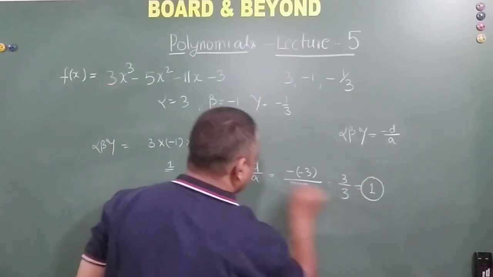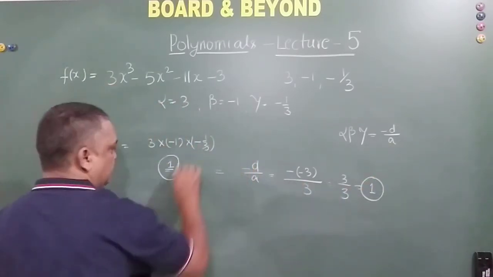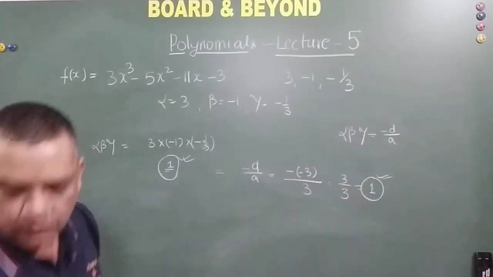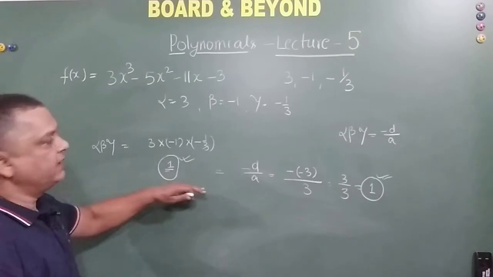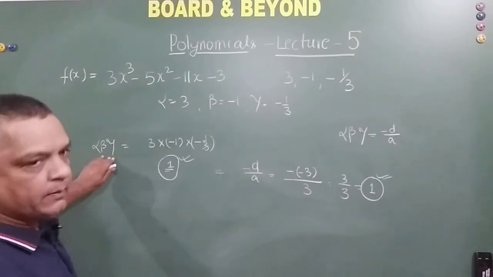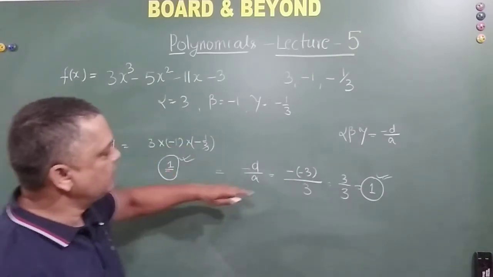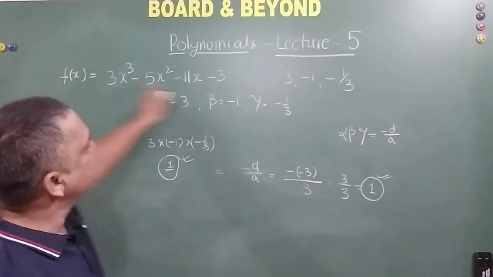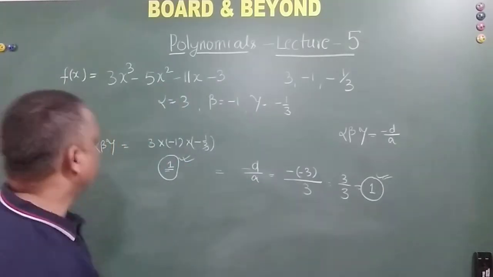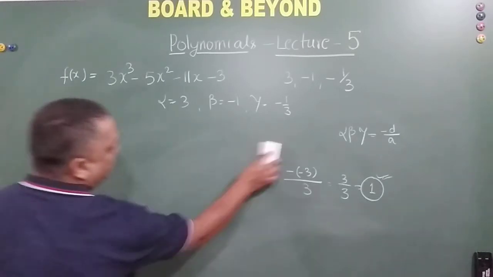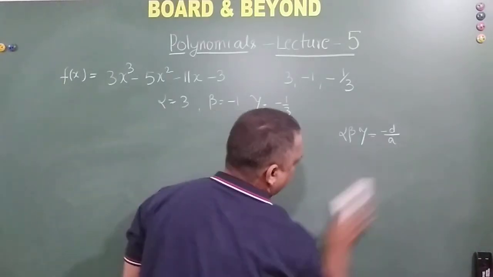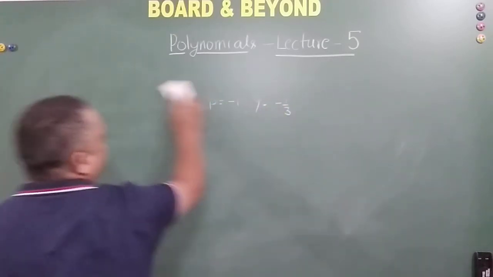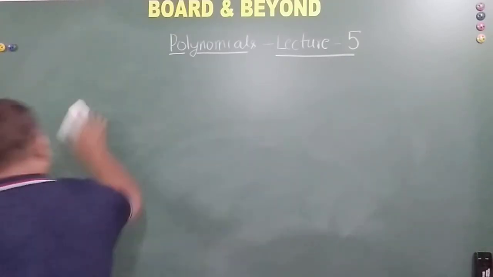You see this and this, both are same. So we have verified that alpha into beta into gamma is equal to minus d by a also holds good for this cubic polynomial. So this was the problem given to us. We have actually done it. Okay. So let's move on to the next problem.